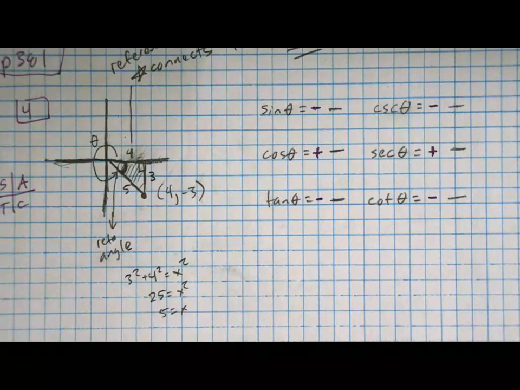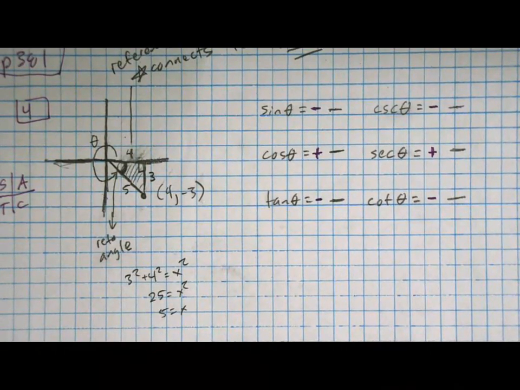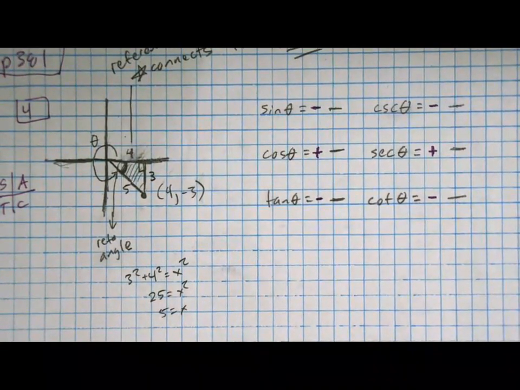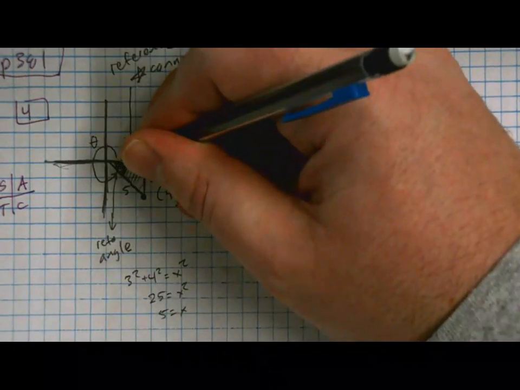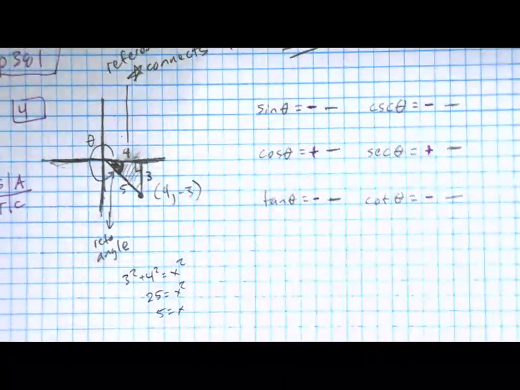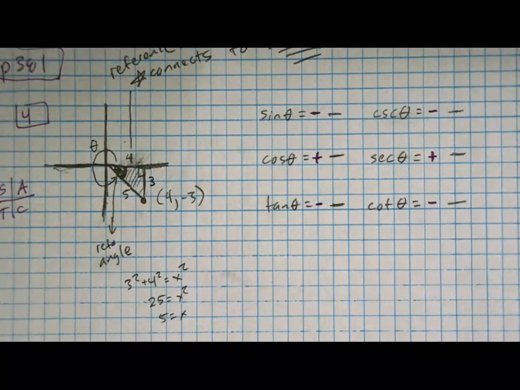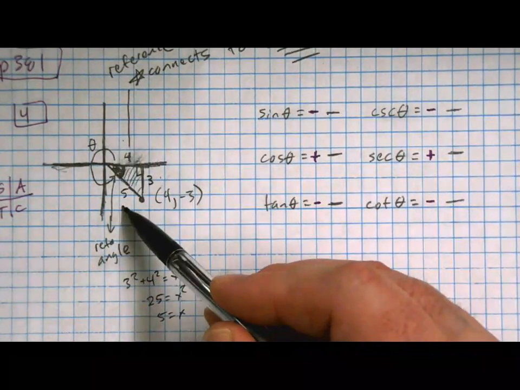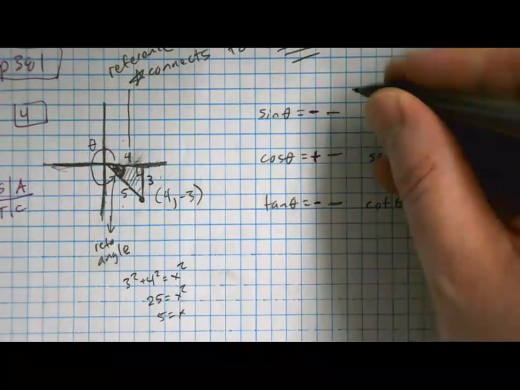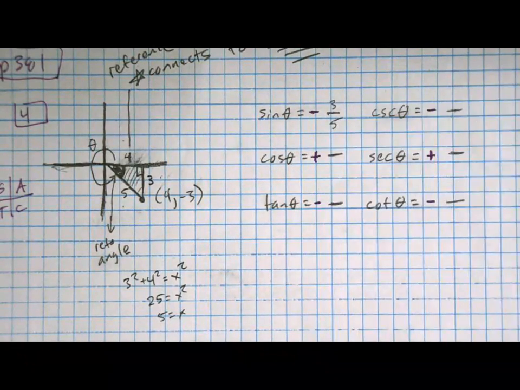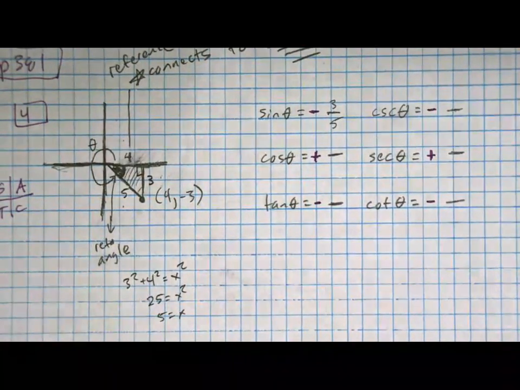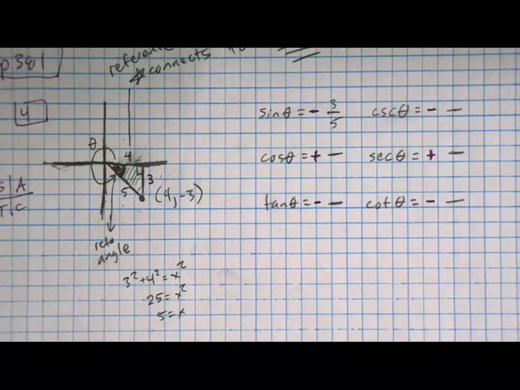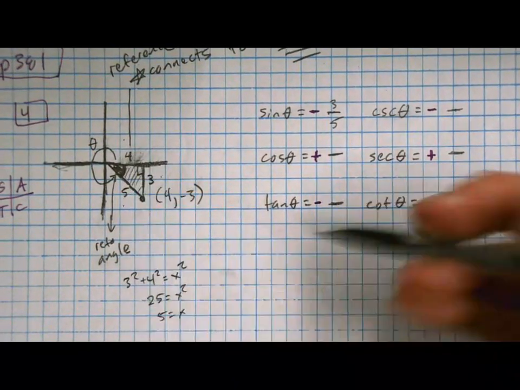All right, well, now we got those numbers. Fill in your fractions. Sine is, now here's your angle. Remember, your angle's at the center always for the reference triangle. So from that angle, find me opposite and hypotenuse. From this angle, what would be your opposite over hypotenuse? It would be 3 over 5. There's my sine. Cosine is adjacent over hypotenuse. So find me adjacent and hypotenuse. 4 over 5.